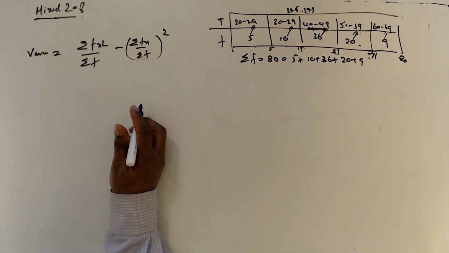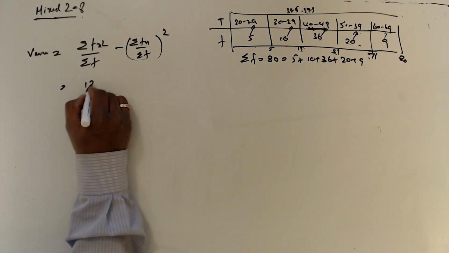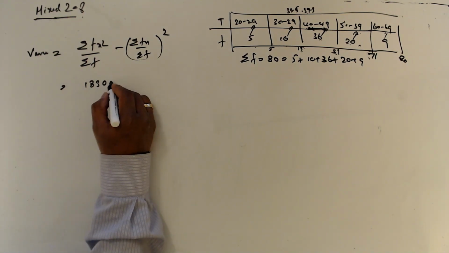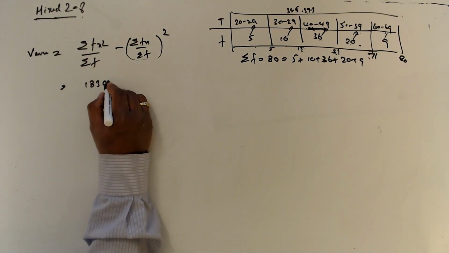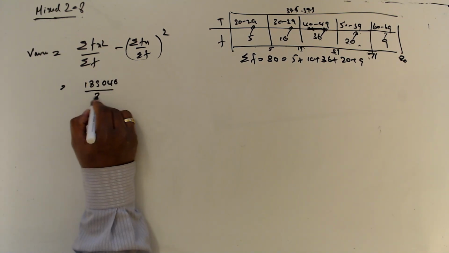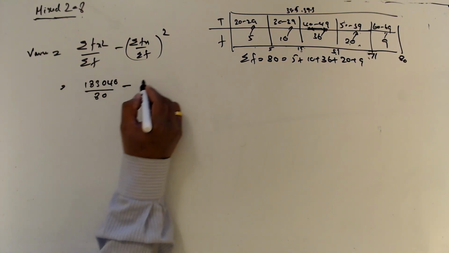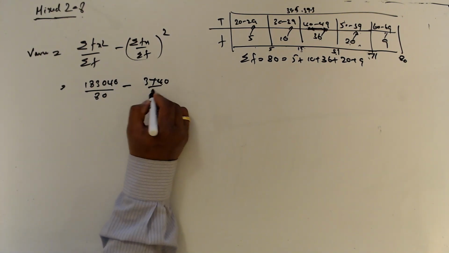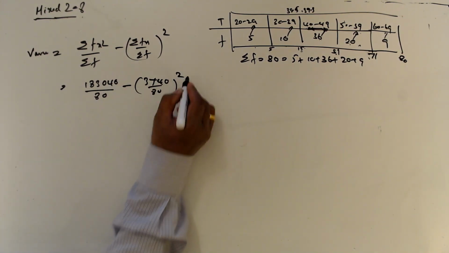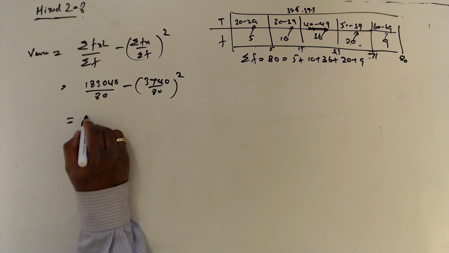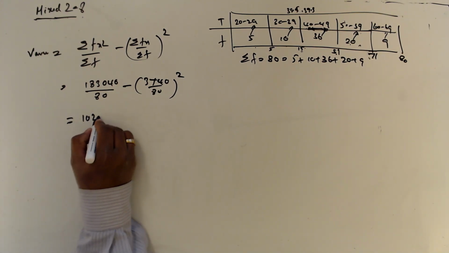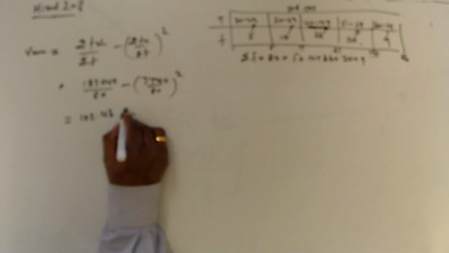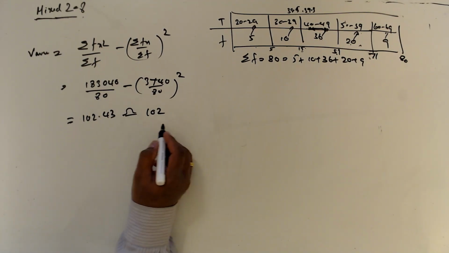So this is going to be 183,040 over 80 minus 3740 over 80 squared. So the answer is going to be 102.43, approximately 102.